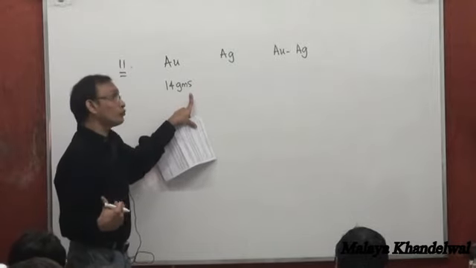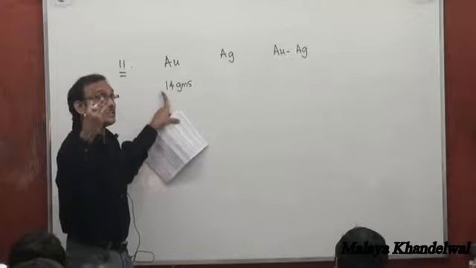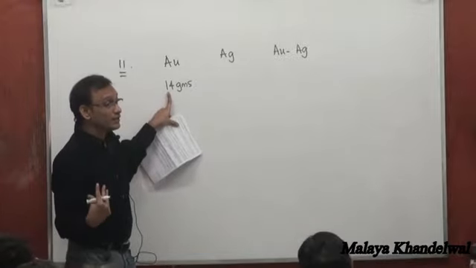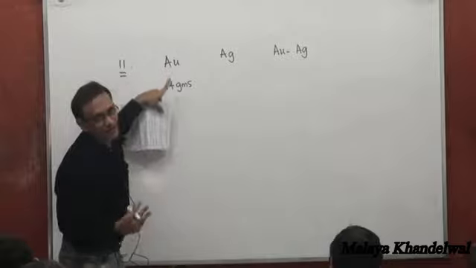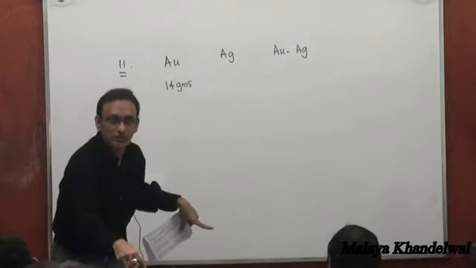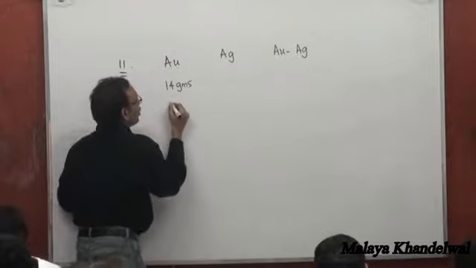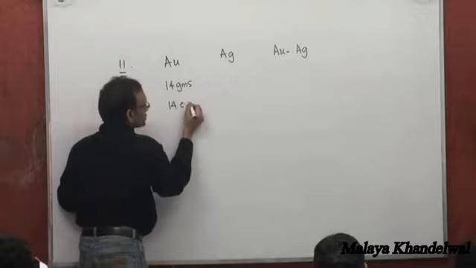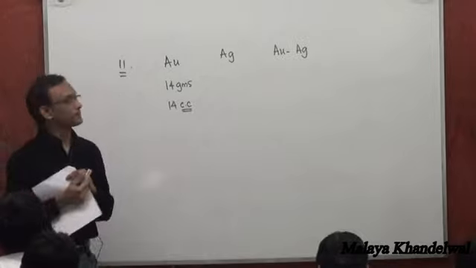But this amount of water, 14 grams of water, is like 14 cc of water. That means it has displaced 14 cc of water, and therefore its volume must be 14 cc. Yes or no? When you immerse it in water, it will displace its own volume. So its own volume, which is the volume of the liquid displaced, is 14 cc. Right?